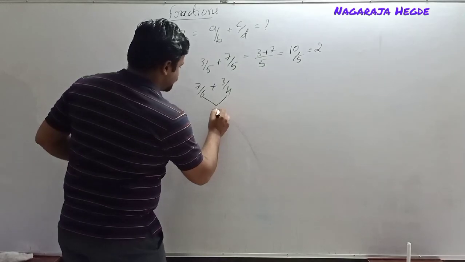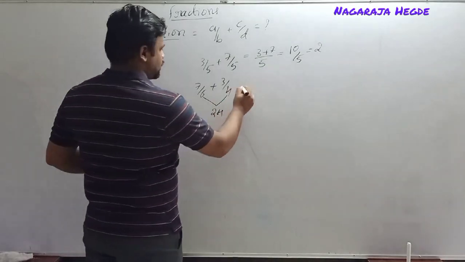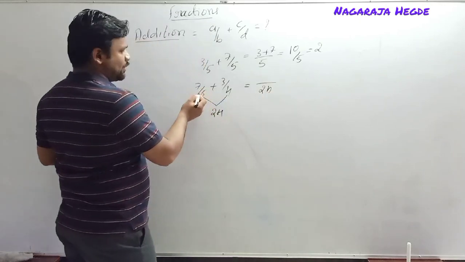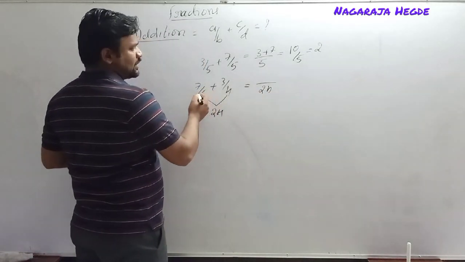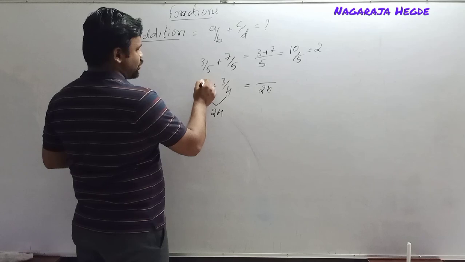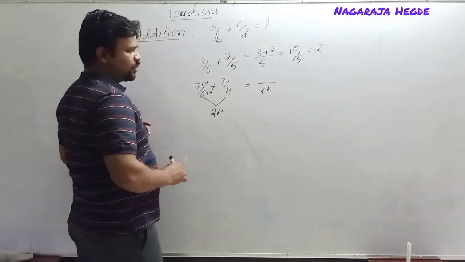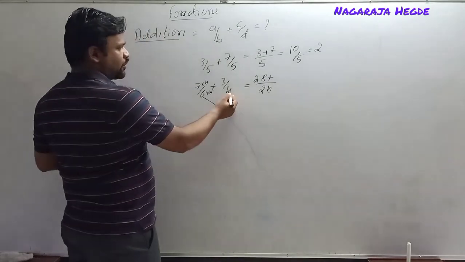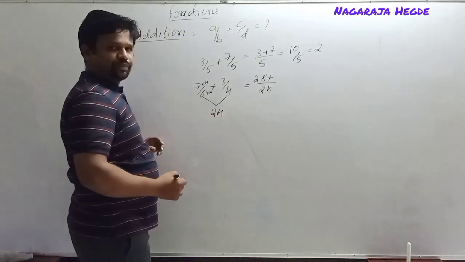So now we can write 24 in place of 6. 6 4s are 24, so multiply by 4 here. So what are we going to get? 28 plus 4 6s are 24.